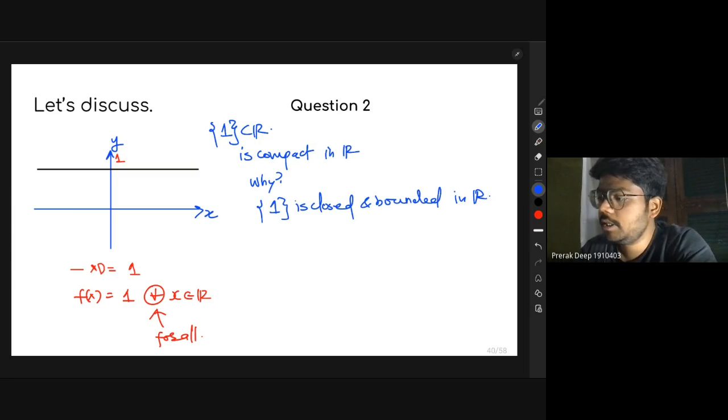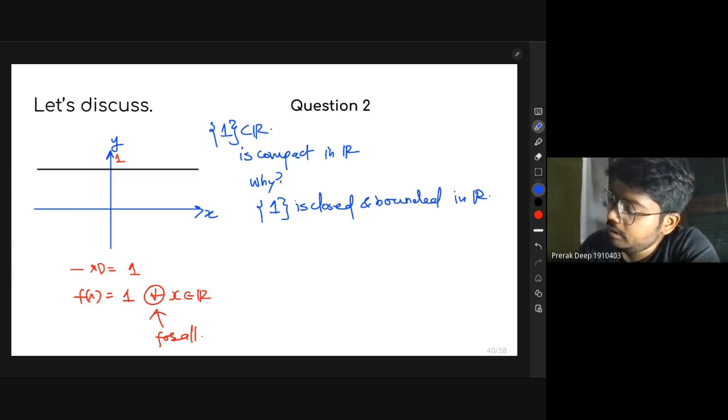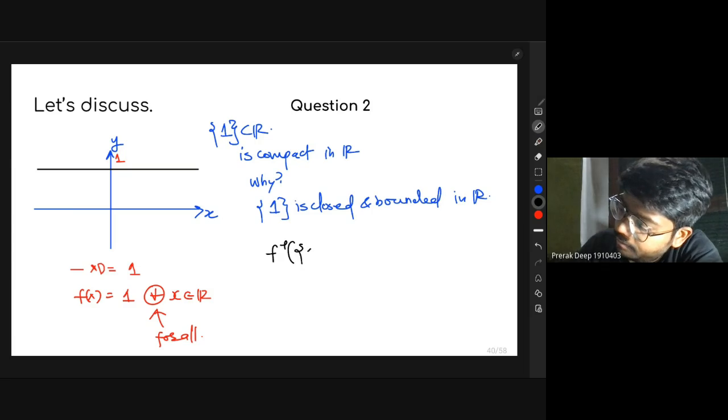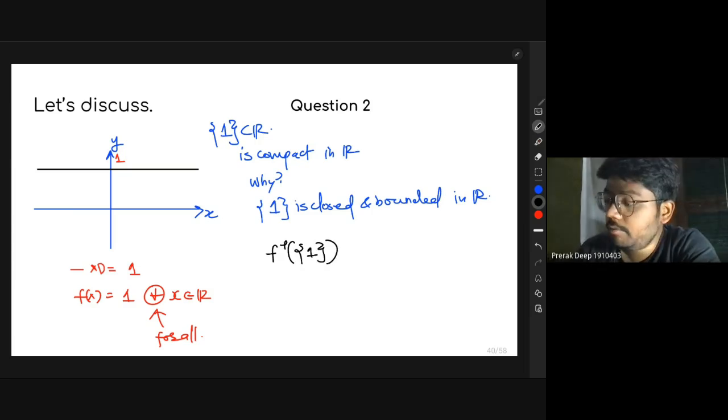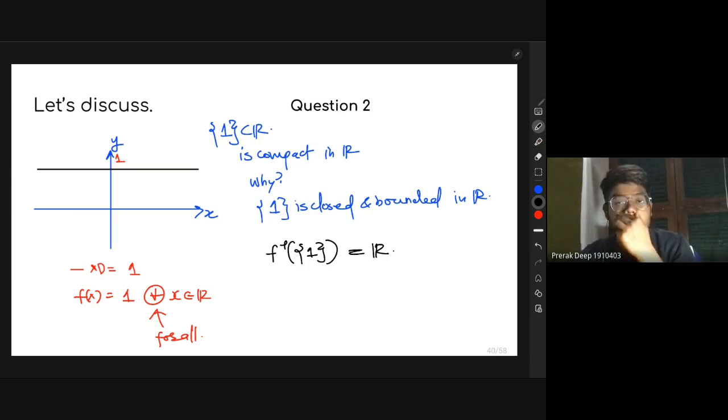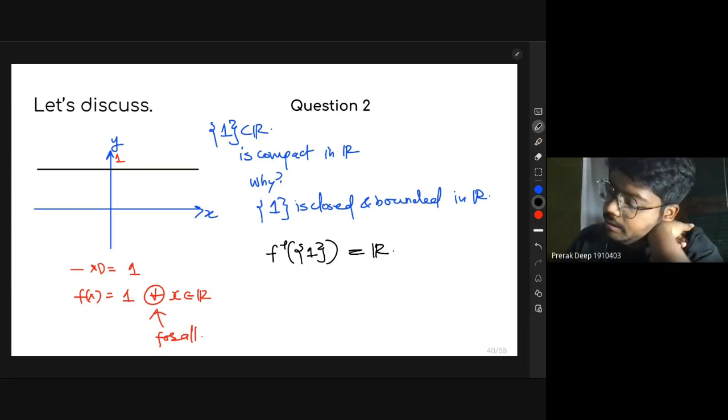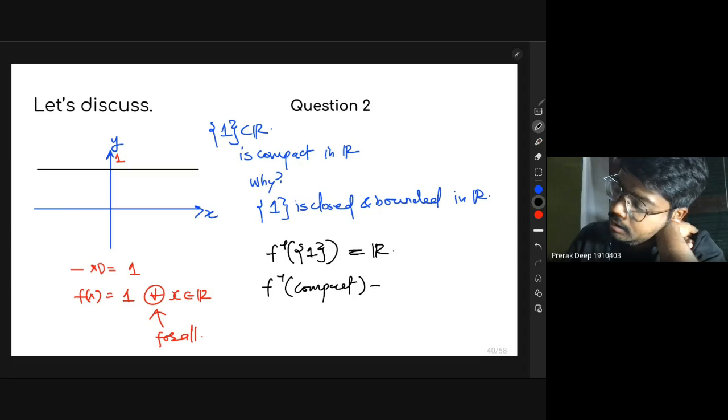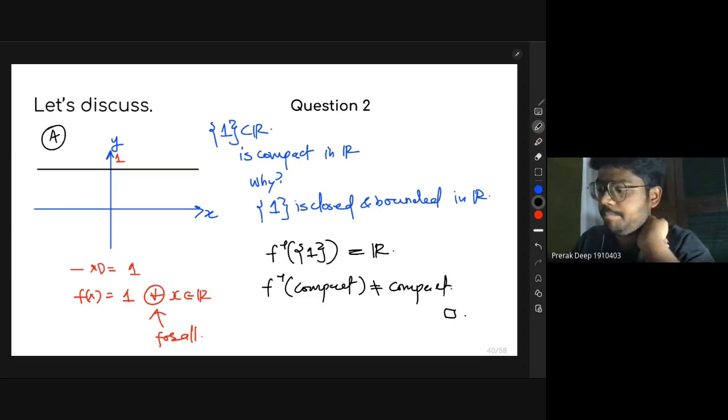So the singleton {1} is a compact set in R. Now if you consider its preimage, the preimage of {1} is the whole of R, because it's a constant function. So its preimage contains the whole line R. So the preimage of a compact set is not compact. Okay, so this is an example. This is example number A. Is this example clear?